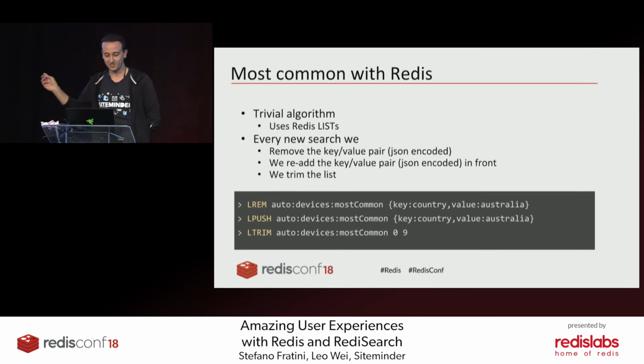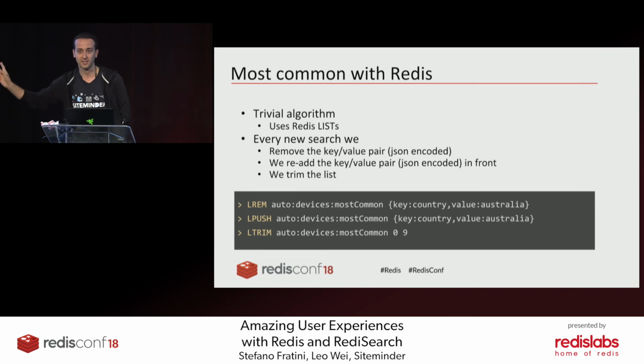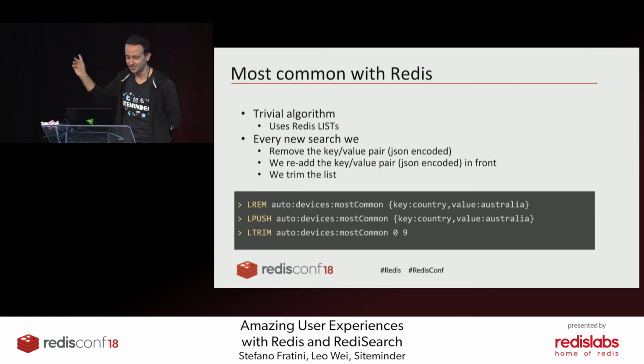It does not even require that these operations run in a transaction. It's quite neat. I think Salvatore came up with this. And it's quite nice. It's also guaranteed to be bound in terms of the size and the speed.